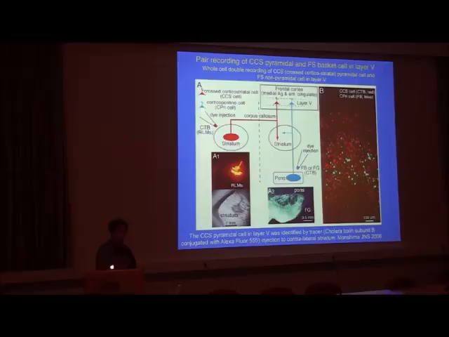How we find the CCS cell is, we inject the dye into the contralateral striatum, because we know that this CCS cell projects to the contralateral striatum as well as the ipsilateral striatum. But the CPN cells only project to the pons and the ipsilateral striatum, but not the contralateral striatum. So this is the method to distinguish CCS cells with tracer injections.